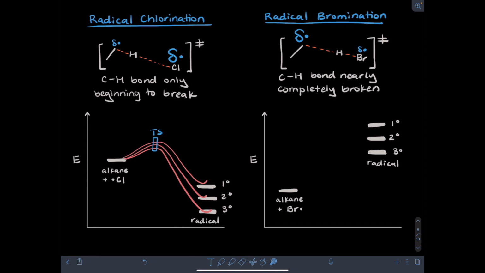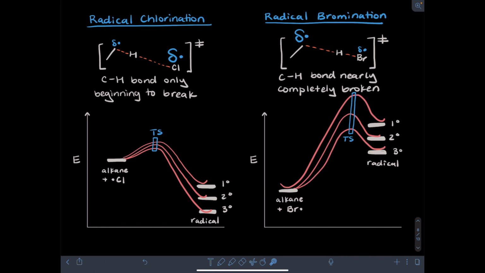Now let's consider the hydrogen abstraction step for an alkane with a bromine radical. In this case, all of the carbon radicals are higher in energy than the alkane and bromine radical starting material, but still I've ranked them in order of their energies, with the most stable tertiary radical lowest.